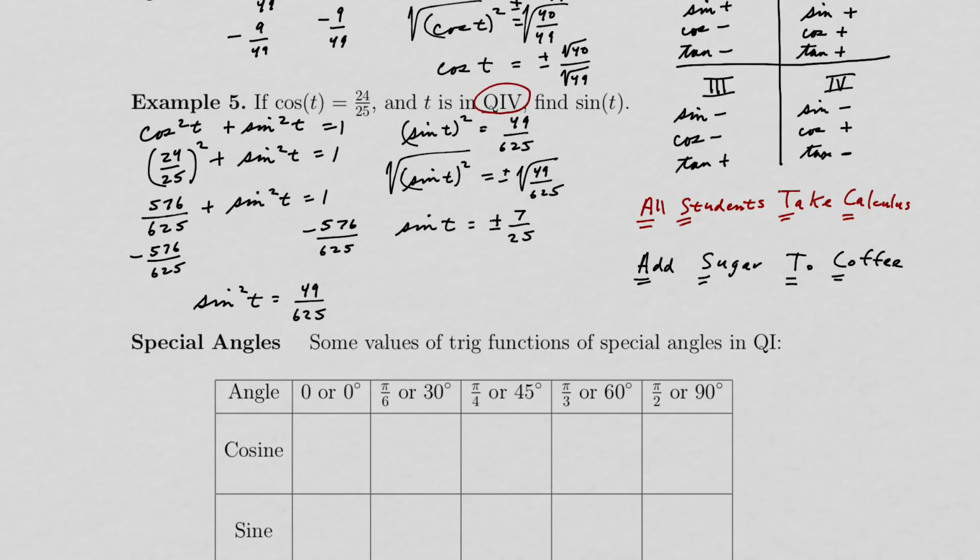So if the angle is in the 4th quadrant, what's true about sine? Sine is negative, right? All students take calculus, or add sugar to coffee. In the fourth quadrant, cosine is positive, the other two are negative, so sine is negative. So therefore, the correct answer here will be sine of t is equal to negative 7/25. So that would be my answer.